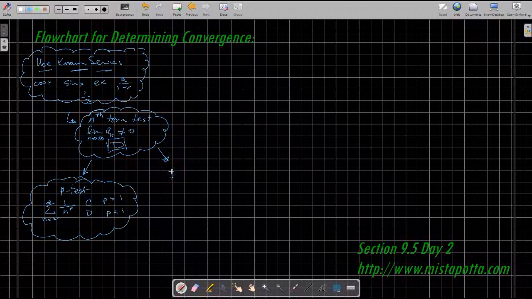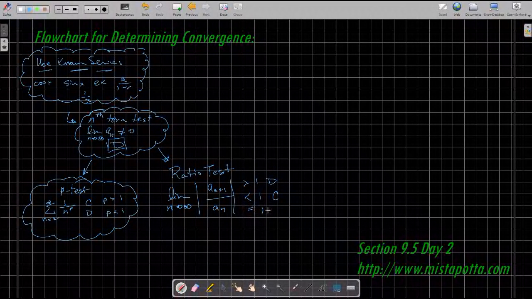One of the tests we talked about was the ratio test. Remember the idea behind the ratio test? I'm looking for the limit as n goes to infinity of the absolute value of a sub n plus 1 over a sub n. And if this is greater than 1, then we diverge. If it's less than 1, then we converge.